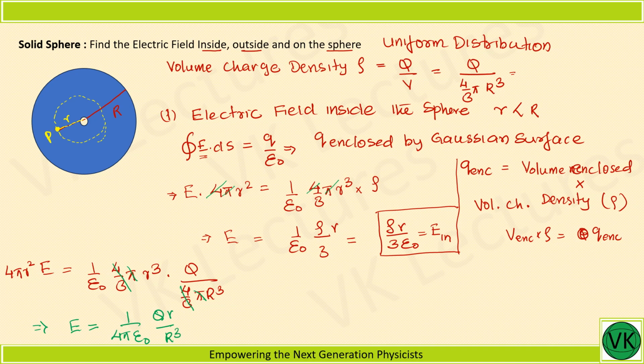So that's what remains. So 1 by 4 pi epsilon you can write as k, so k q r by R cube. So another formula for electric field inside is equal to k q r by capital R cube.